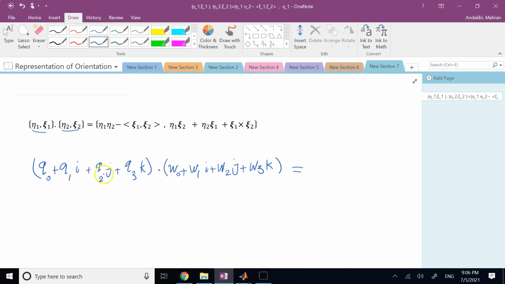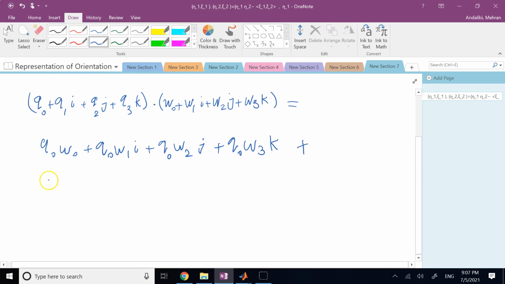So if I do it here, I have 4 terms and 4 terms, you will end up with 16 terms. So there's going to be Q naught times W naught plus Q naught times W1 I, Q naught W2 times J, Q naught W3 times K, plus.